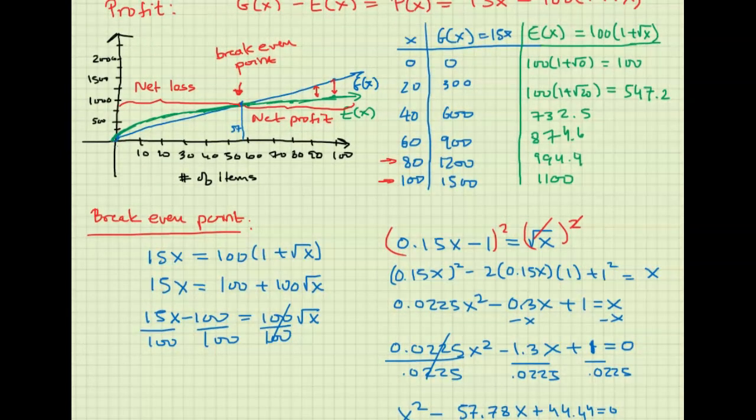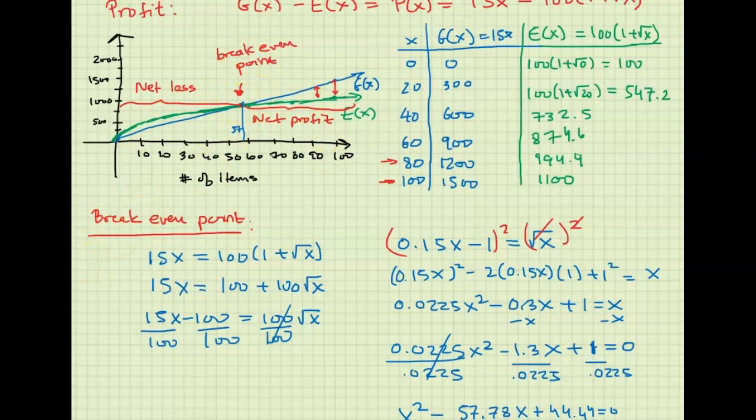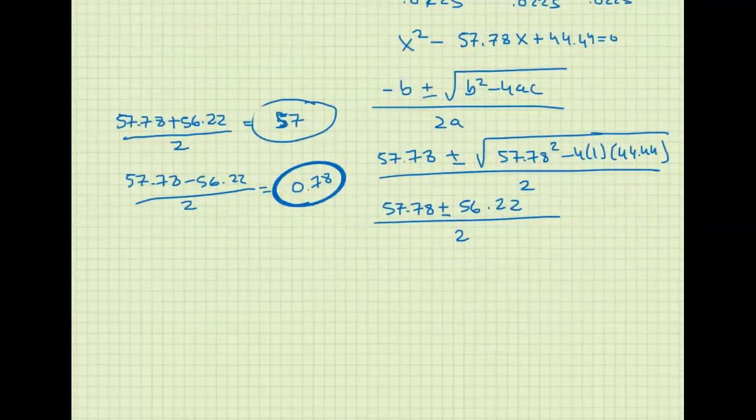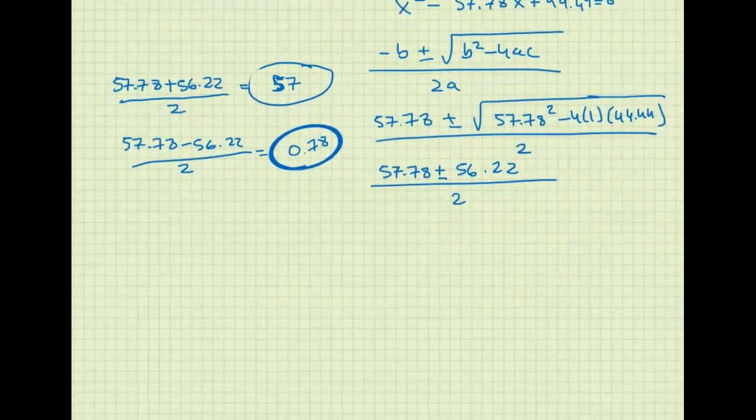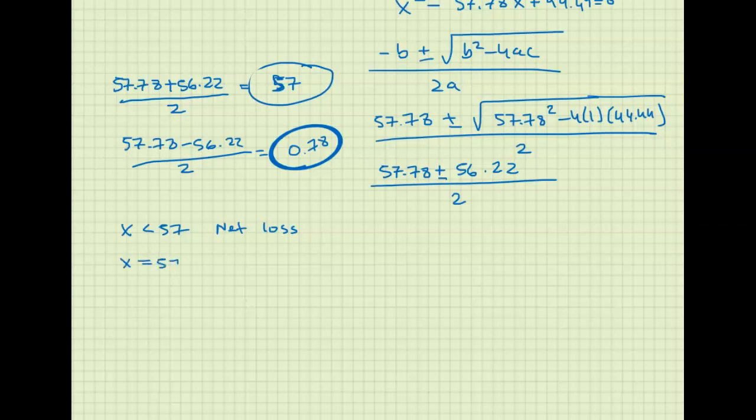Mathematically the curves do cross there, so for making under one item there's a slight net profit, but then expenses go up again and then down. So the real one is at 57. So when x is less than 57, it's a net loss. x equals 57 is the break-even point, and when x is bigger than 57, the company is making a net profit.